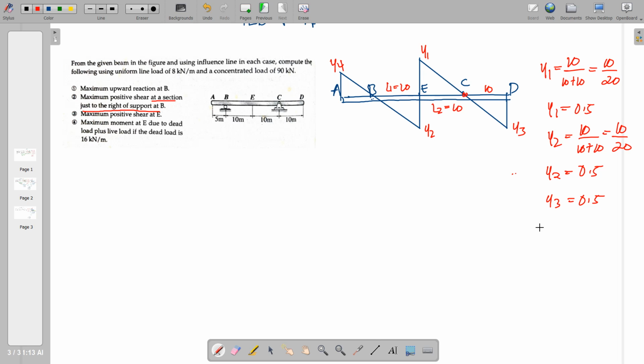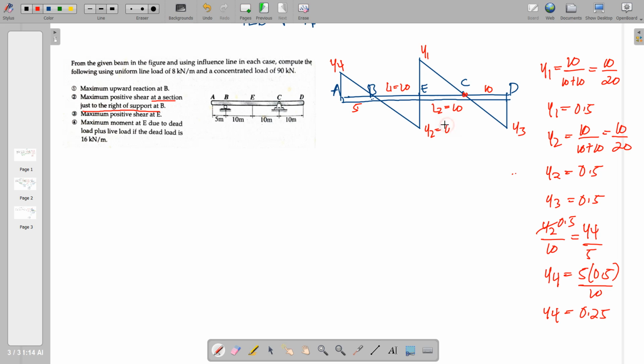and Y4 can be derived by ratio and proportion. Y2 over 10 is equal to Y4 over 5, and Y2 is equal to 0.5, so therefore Y4 is equal to 5 times 0.5 all over 10. Therefore, we have 0.25 as the value of Y4.